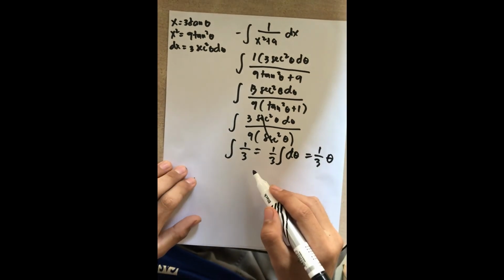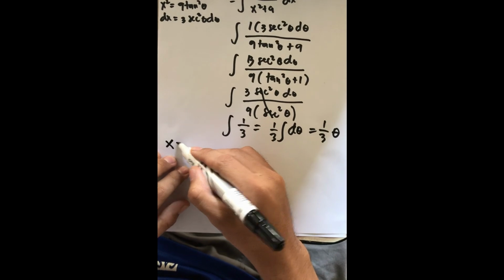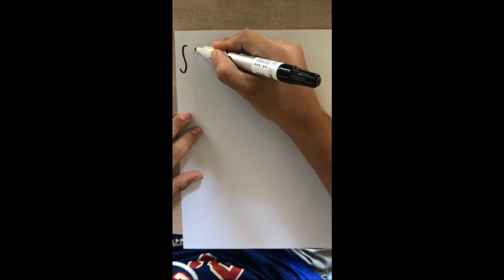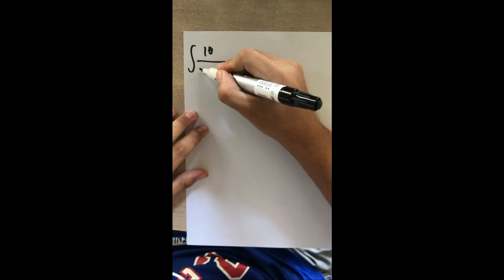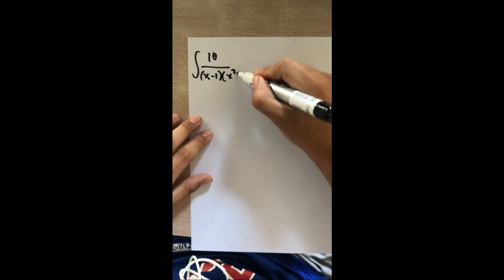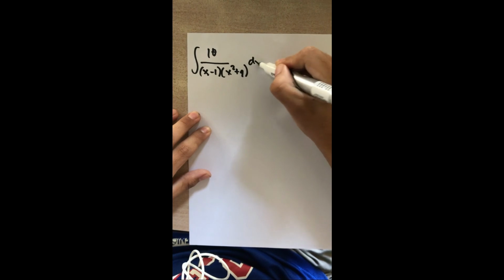So it is equal to 1/3 tangent raised to negative 1 of x over 3. Therefore, it is negative 1/3 arctan of x over 3. So, combine all the answers.